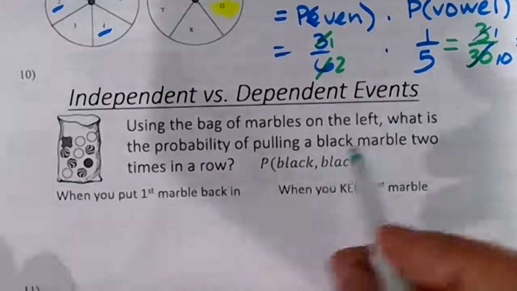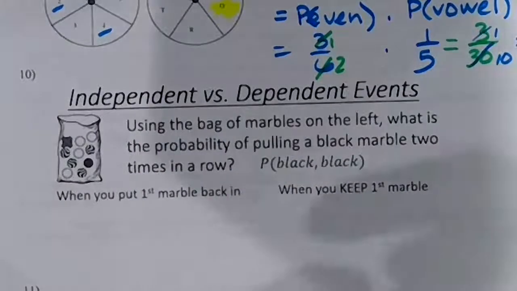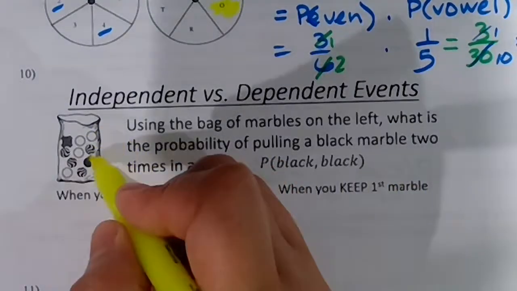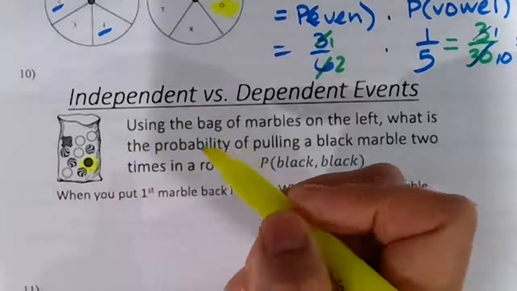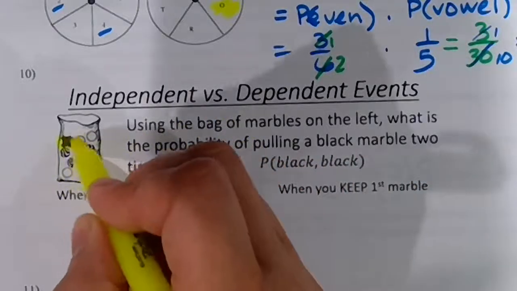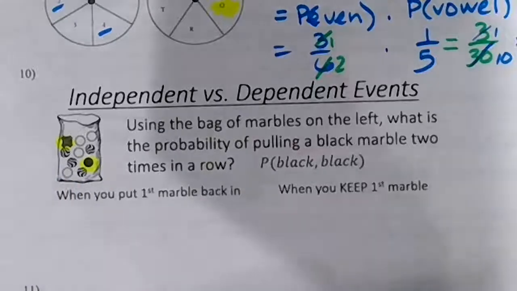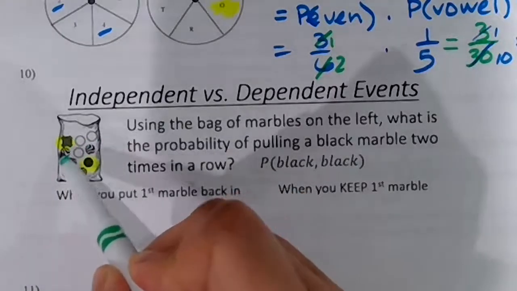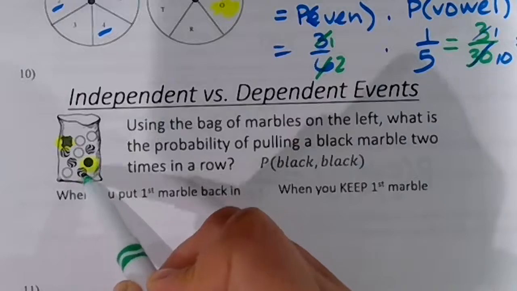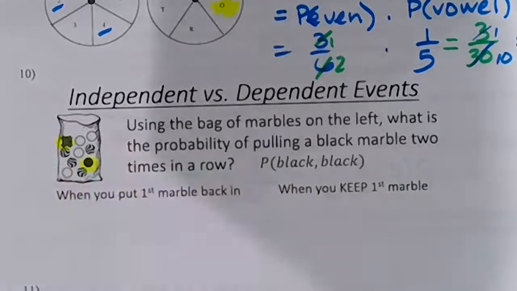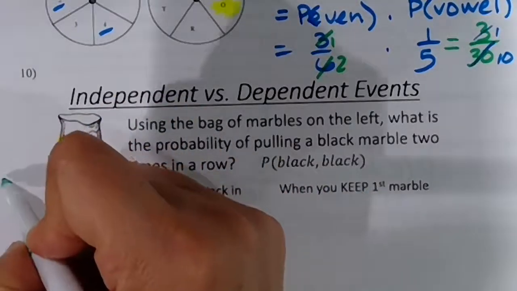Okay, so first let's make sure we understand the diagram. It says there's 2 black marbles. Well, I see 1 black marble. Where's the other one? Okay, it's actually this one because they put like a red X on it, but it looks funny. So we have 2 black marbles. Total marbles, we have 1, 2, 3, 4, 5, 6, 7, 8, 9, 10. Okay, there are 10 marbles in the jar.